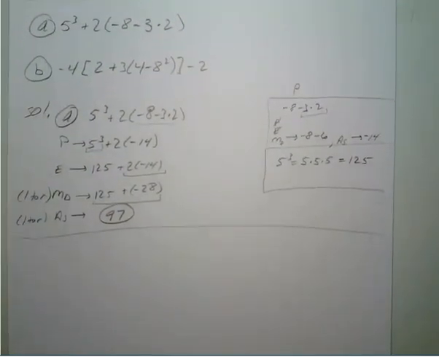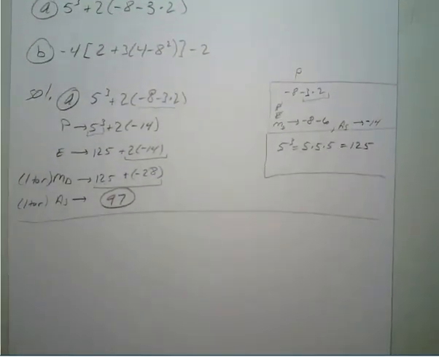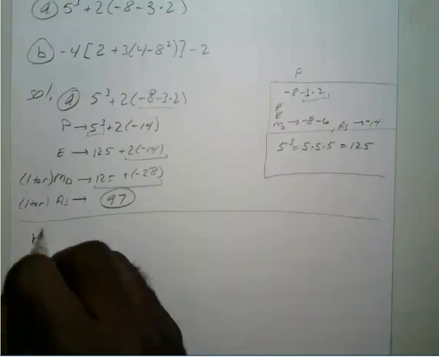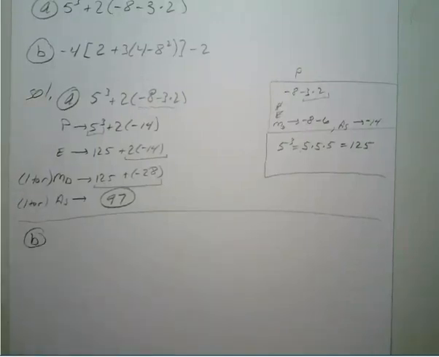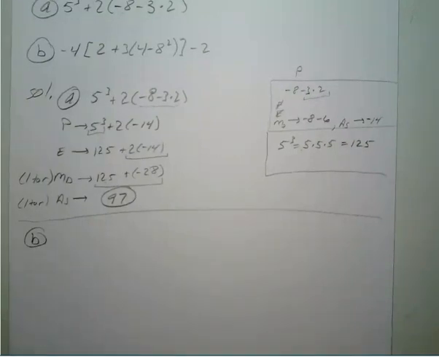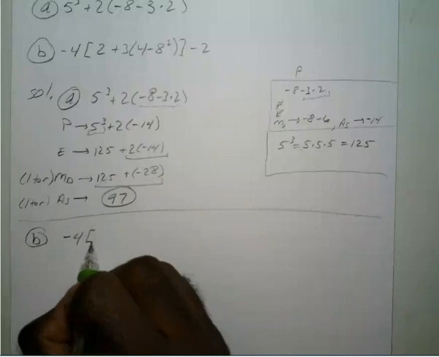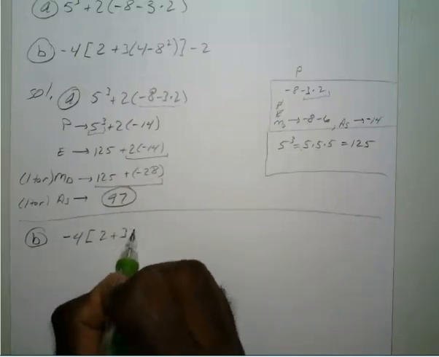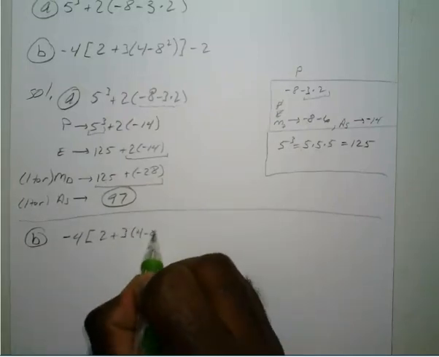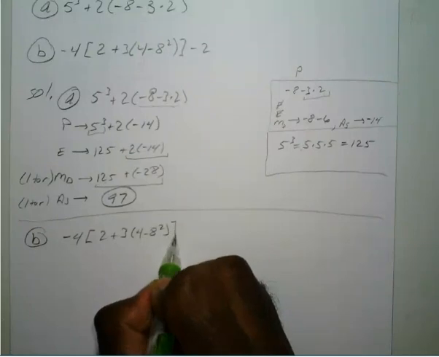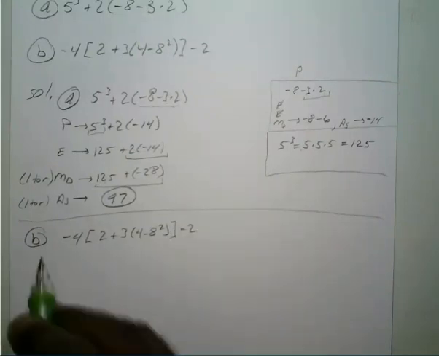Okay, so let's look at problem B. We have negative 4 times [2 plus 3 times (4 minus 8 squared)] minus 2.